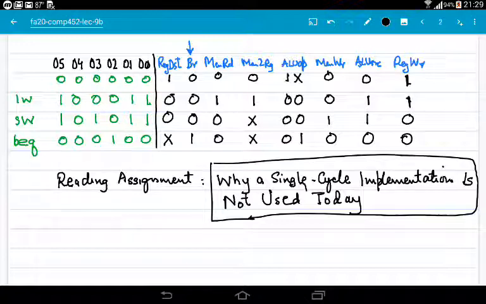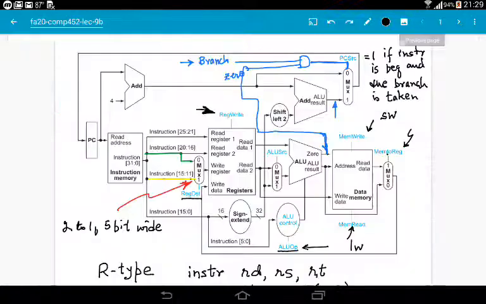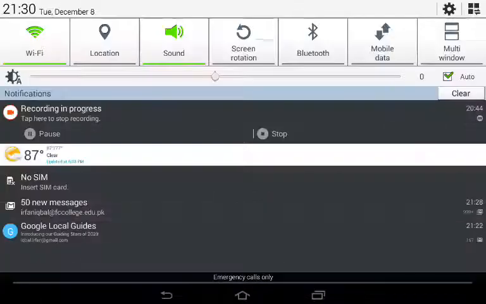Of course, starting from the next lecture, we'll study what is pipelining and how pipelining improves performance, and what are the problems that we face in pipelining and how we can solve those problems. So that's the fun part, and we will be starting it from the next lecture. So I'm going to stop here.